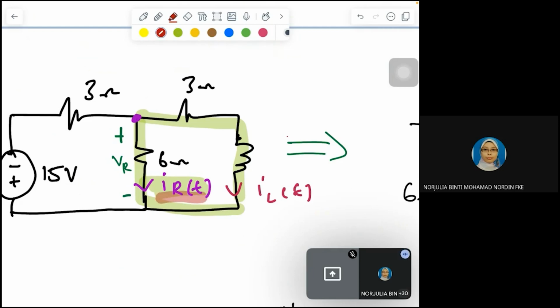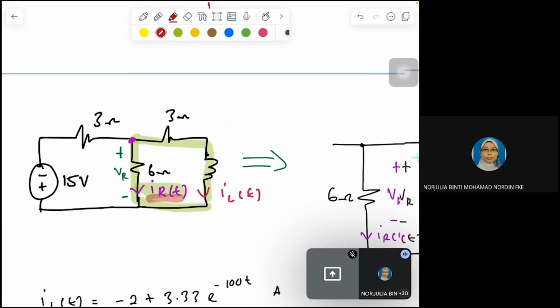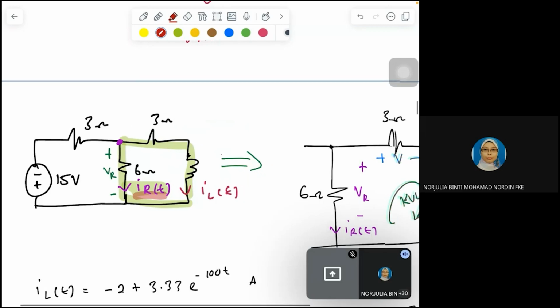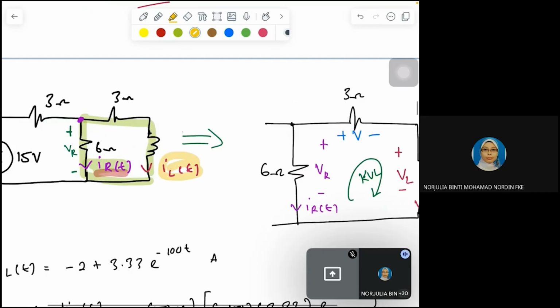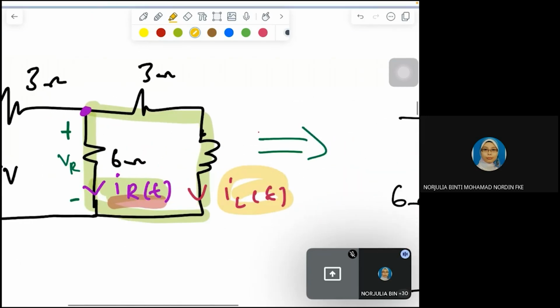To calculate the resistor current, since we already have the value of IL, we can just analyze the elements that I highlighted in green there, where we need to find the VR, and then after getting the VR, we use our Ohm's law to find the IR.